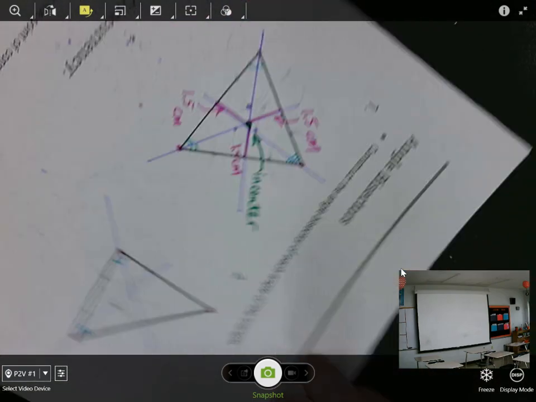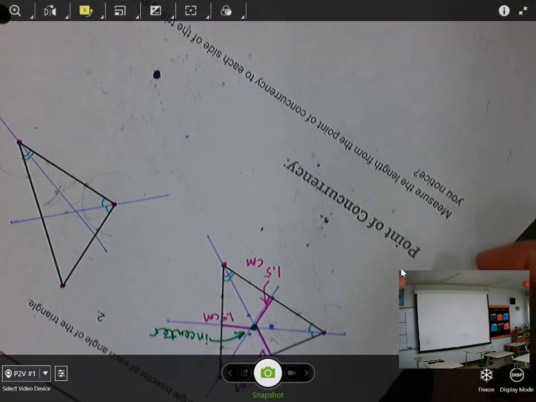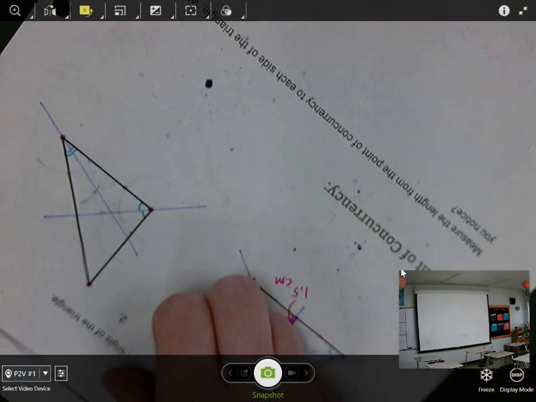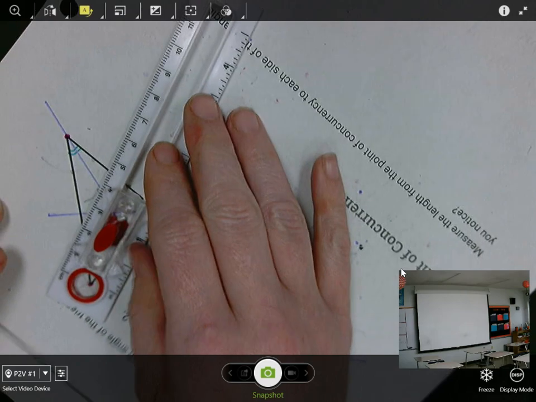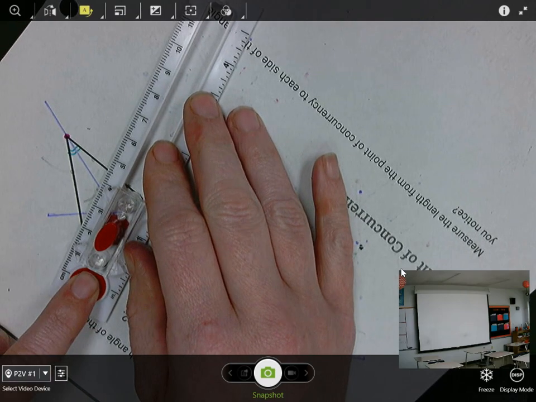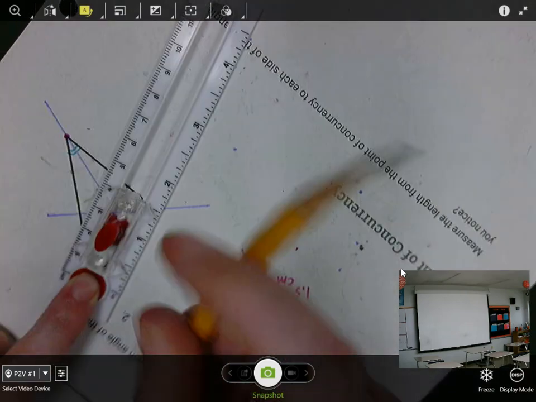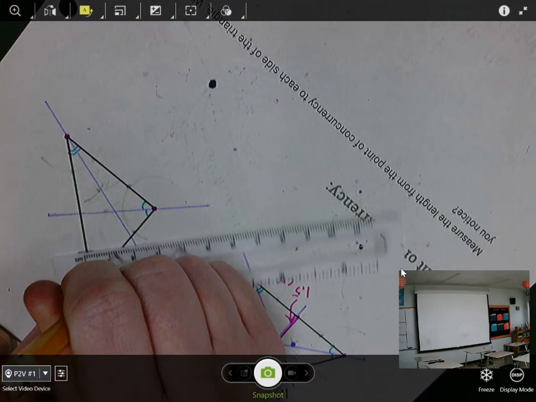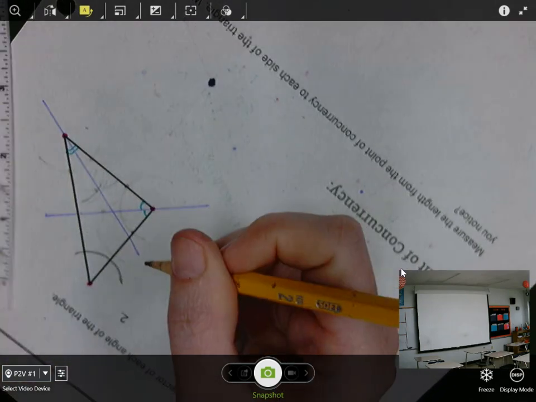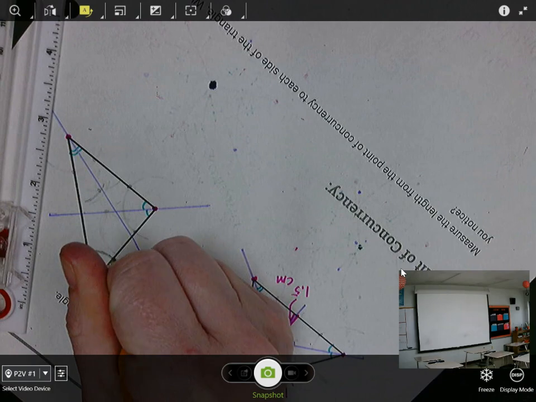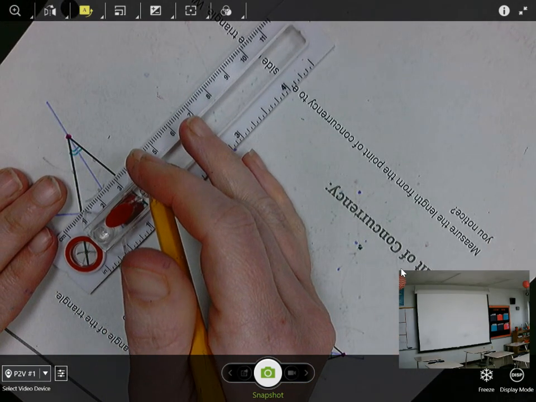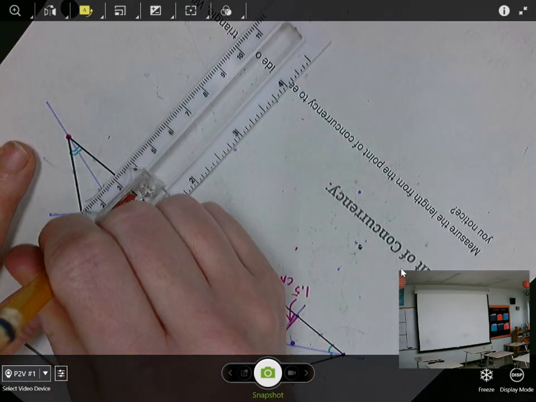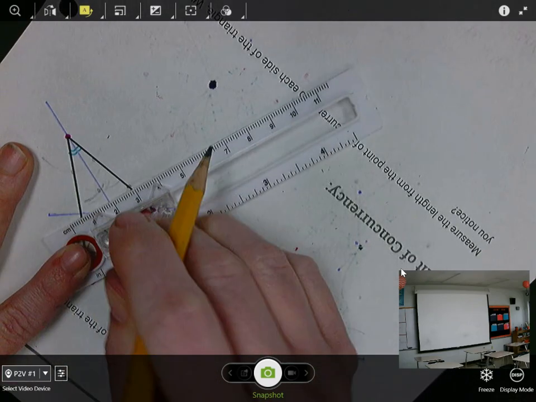Okay, and now we need to do the third angle. Okay, you put it there on the point. Draw your arc. Okay, the two points of intersection, you want to plot your points. Okay, and draw your arc here.